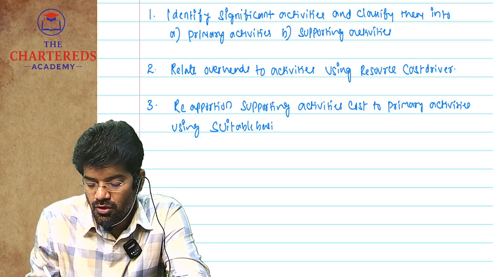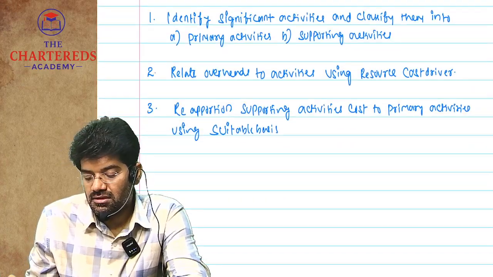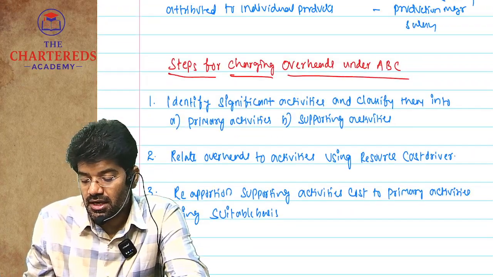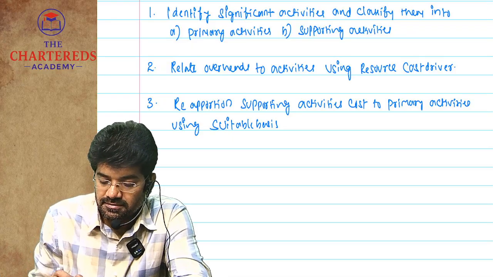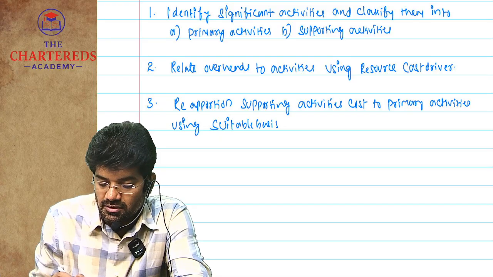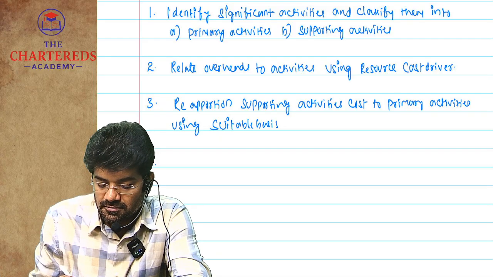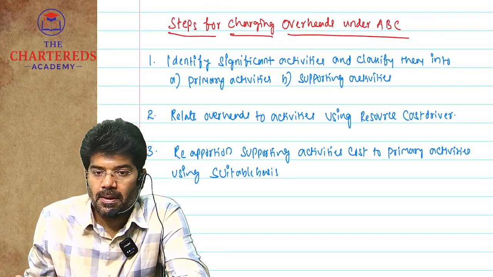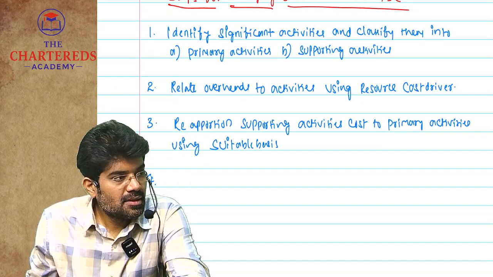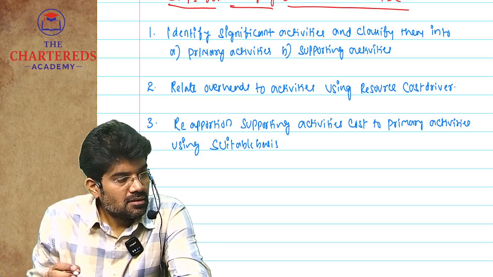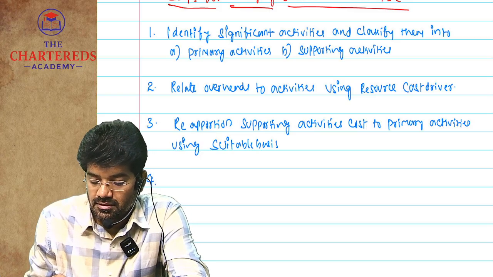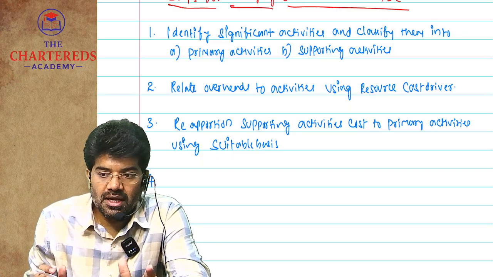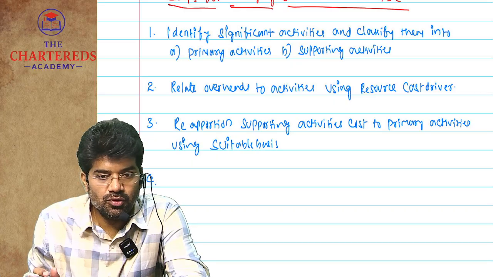Depending on the nature of the service given by these supporting activities, that only we will take as a base. Then the fourth one: once you do that, now we will get the primary activities cost pool.